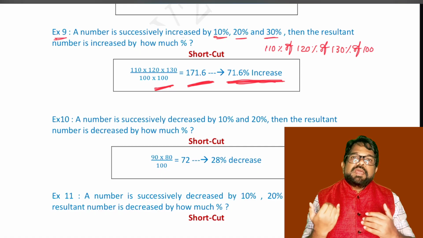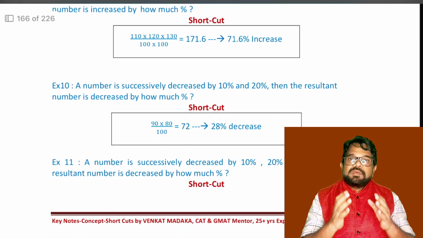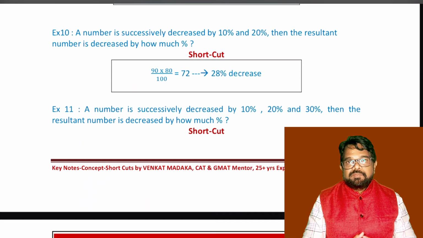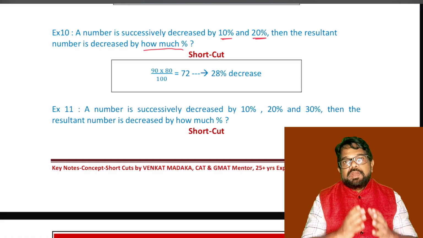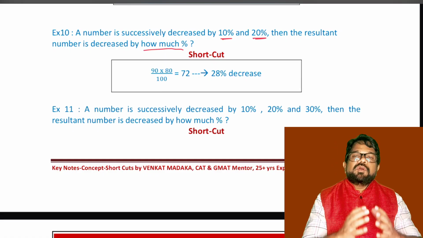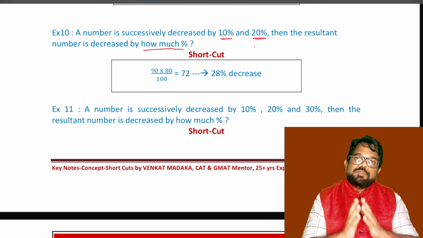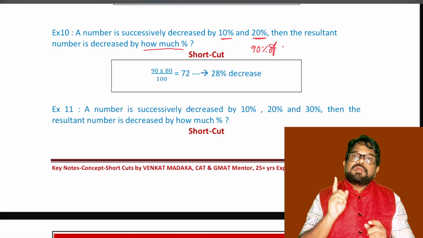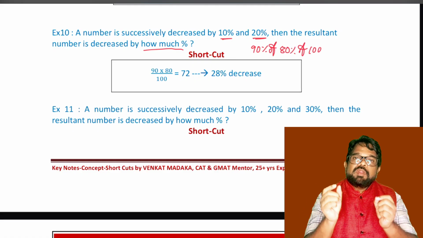Now example 10, observe example 10 here. A number is successively decreased by 10% and 20%. Then the resultant number is decreased by how much percent? So decrease means what you do? 100 minus you have to take. So successively decreased by 10%, 20% means what you do? 90% of, 80% of 100. And 100 gets cancelled. Simply take 80 into 90 by 100.